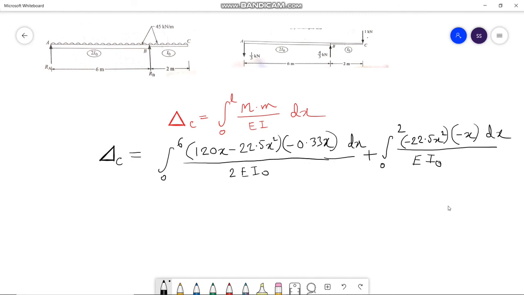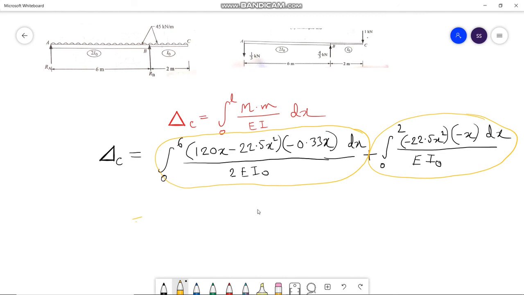Here these values we have got from the calculations of various bending moment expressions. So this portion of the calculation deals with the details of the AB portion of the member, and this portion of the calculation process deals with the details of the BC portion of the member.